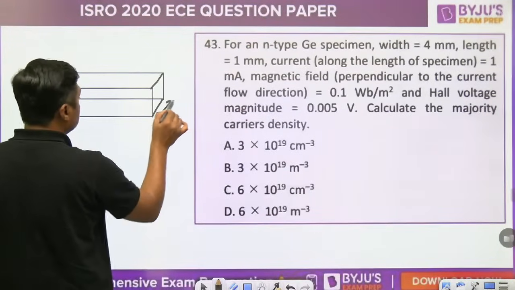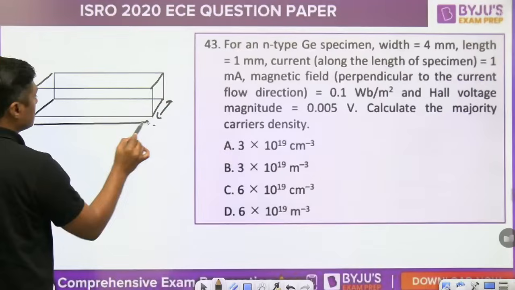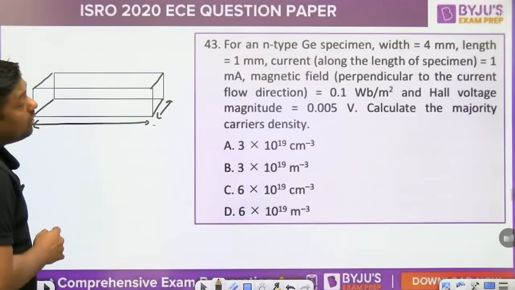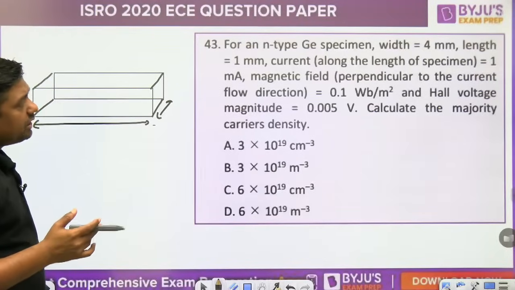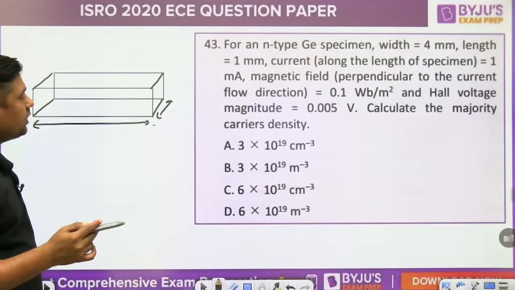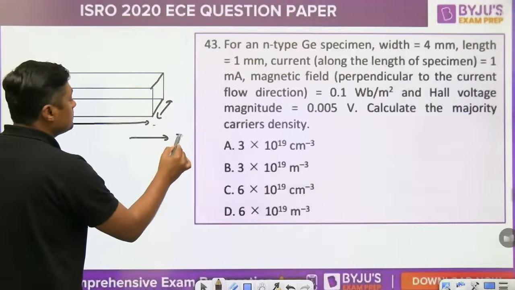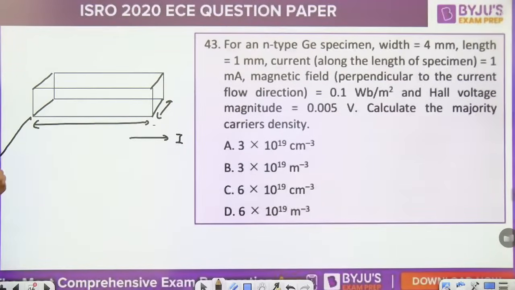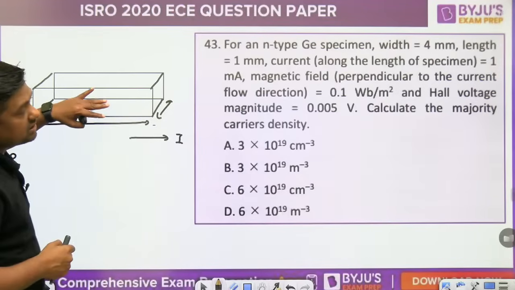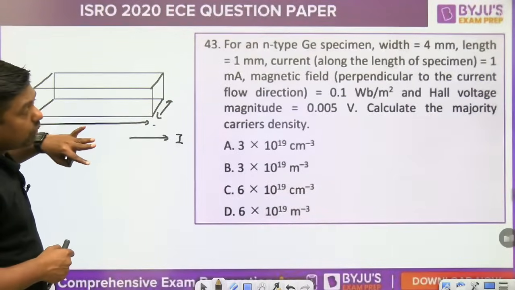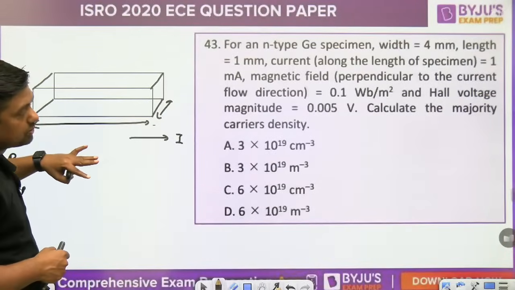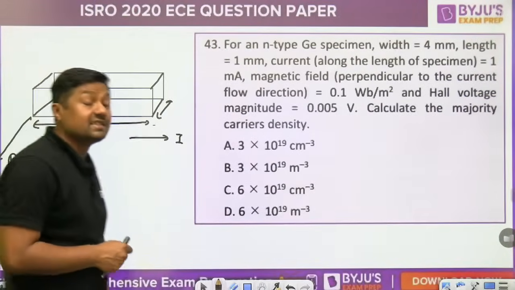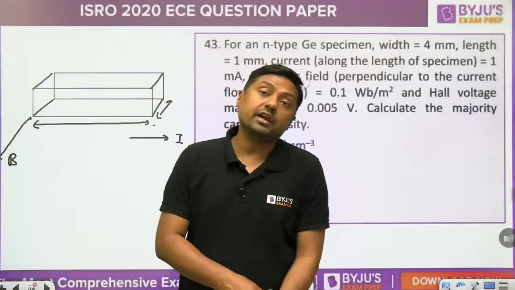Length is given, 1 mm. A magnetic field is perpendicular to the current flow direction, 0.1 Weber per meter square, and the Hall voltage magnitude is 0.005 volt. Calculate the majority carrier density.